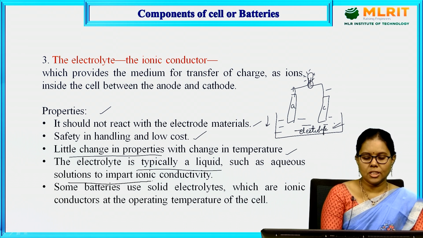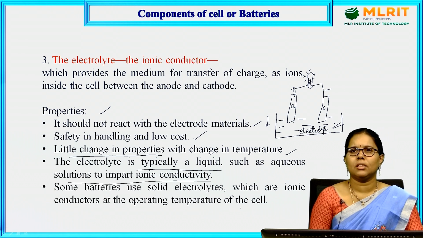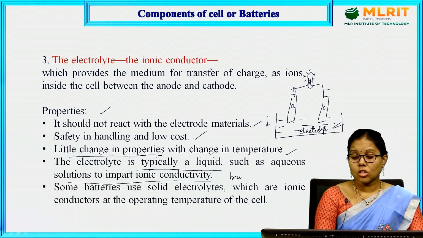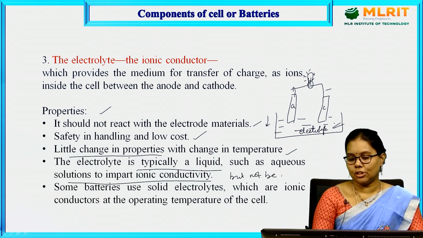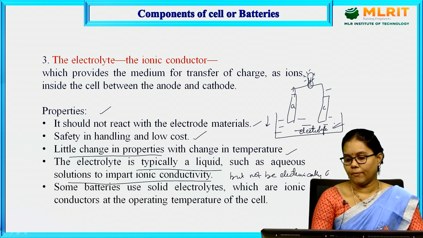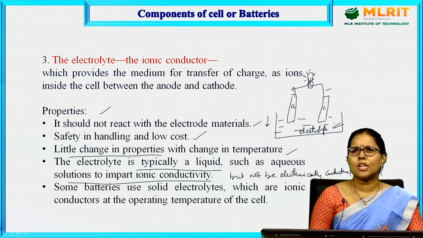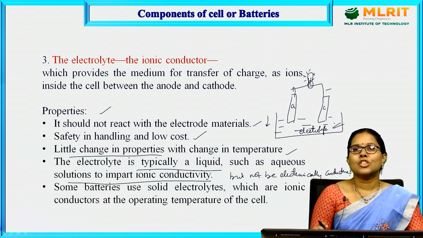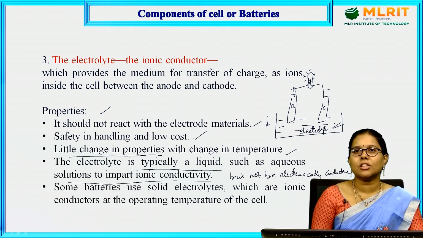These solutions impart ionic conductivity, but are not electronically conductive. Why so? If an electrolyte is electronically conductive, there will be a short circuit within the cell. Internally it causes a short circuit, and therefore the battery is fully damaged.